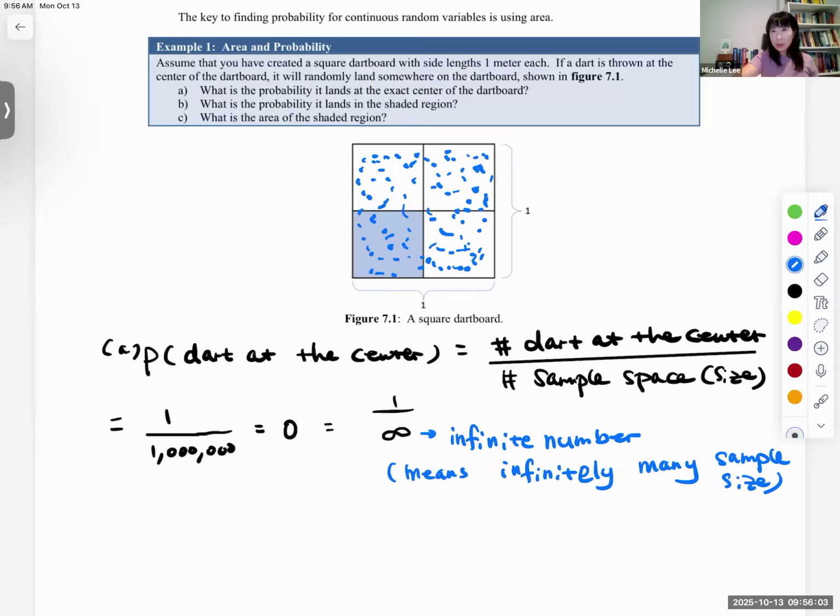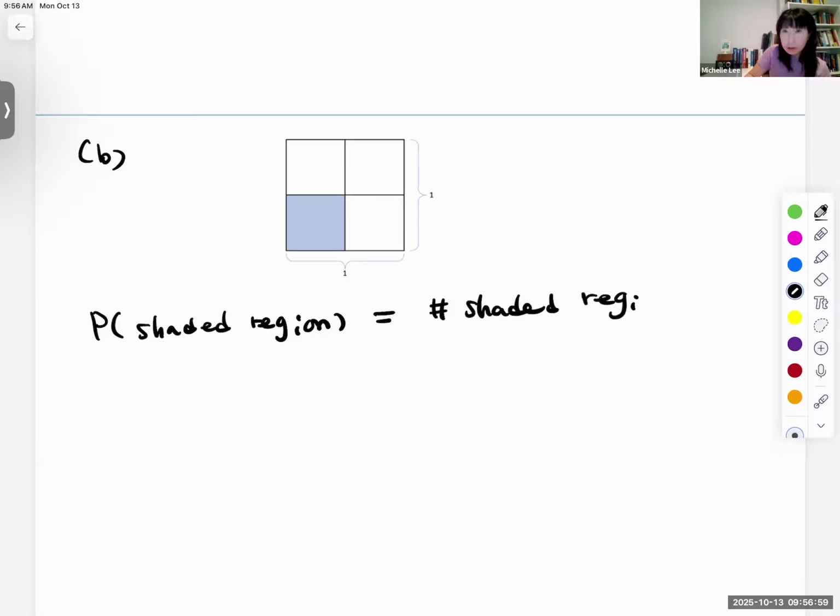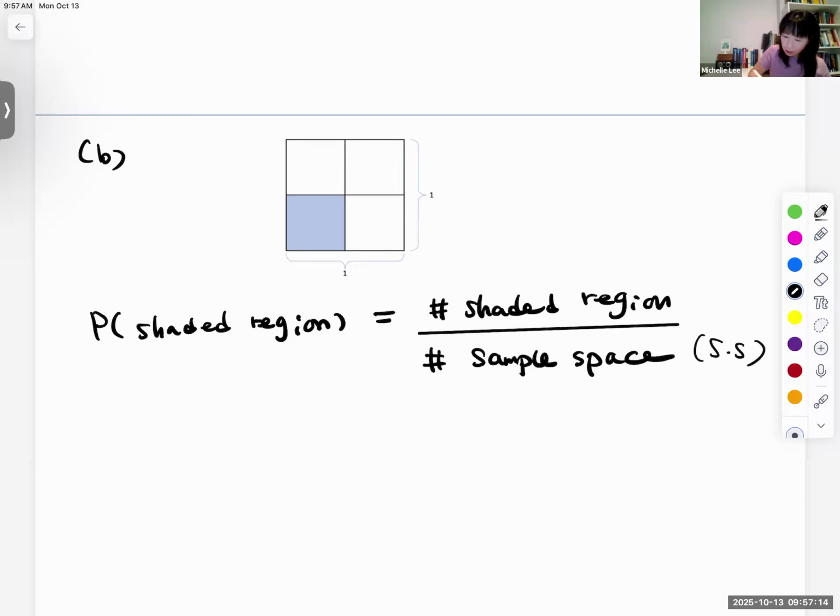Okay, second part, the probability of a shaded region equals the number of shaded regions divided by the total number of sample space size, and we can say SS.